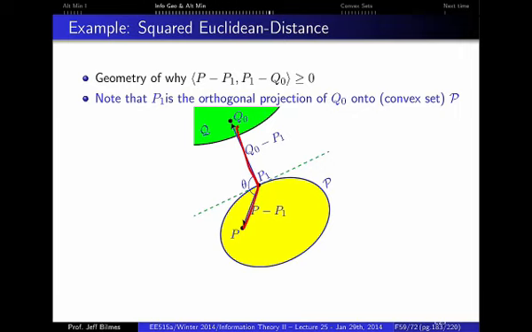So therefore, this quantity is going to be non-negative because of the angle between P minus P1 and Q naught minus P1.